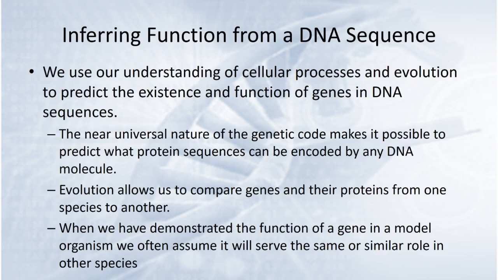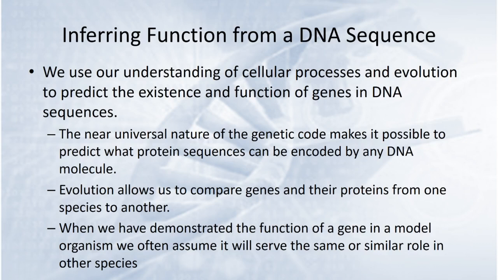And the fact that we know transcription is very much like replication in the sense that how these sequences are synthesized and how that relates to the production of proteins is something that we can model in a computer and understand. We also understand that these sequences evolved from common ancestors, and that evolution, while it results in changes to the sequence, and in some cases changes to the predicted protein sequences, allows us to make comparisons from one species to another.